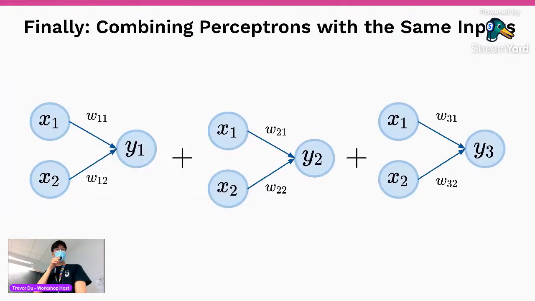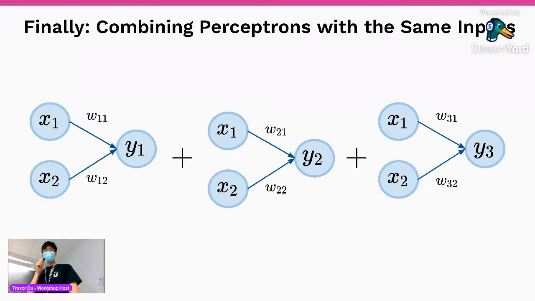Sick. So finally, combining perceptrons with the same inputs. Say we had 3 perceptrons that all took the same inputs, x1 and x2, and they want to have 3 different outputs, y1, y2, and y3. And they all have different weights. So we had W11, W12 for the first perceptron, W21, W22 for the second perceptron, and W31 and W32 for the third perceptron.